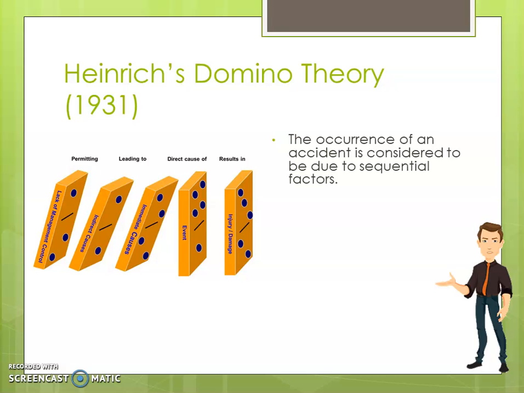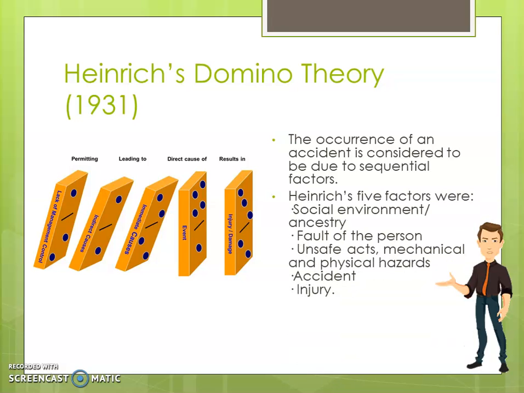This model had five factors: social environment and ancestry, fault of the person, unsafe acts, mechanical and physical dangers, and accident and injury. According to this model, if you eliminate one of the factors, the accident is avoided.